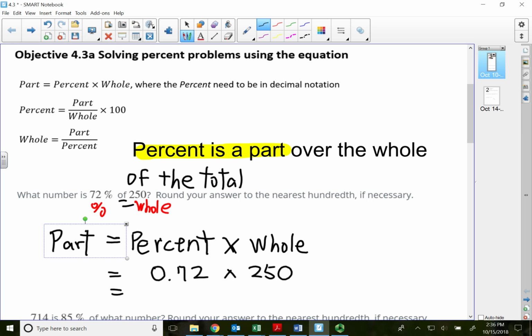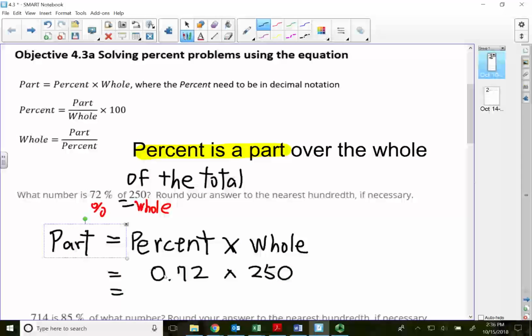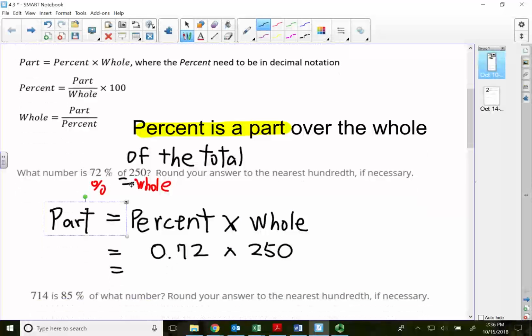Let me turn on my calculator real quick. 72% is within 100, so my part is going to be less than 250.